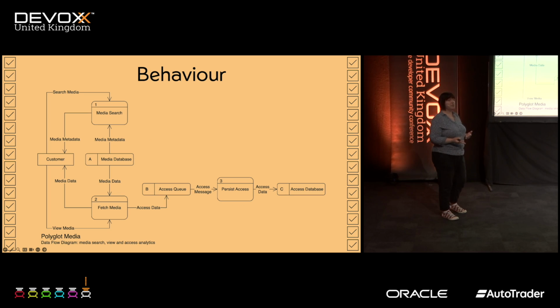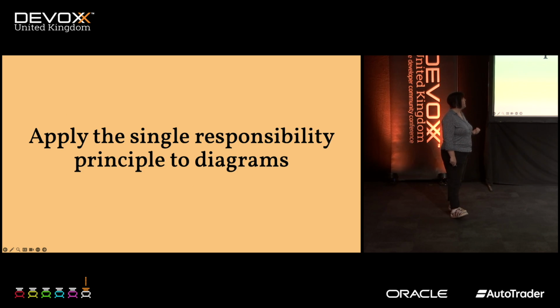And then we can use things like flow diagrams, data flow diagrams, to communicate the behavior from that diagram. So you know the single responsibility principle for your code. We're going to apply that to our diagrams as well. And it's amazing how many of these principles for code and architecture can be applied in all these different domains as well.